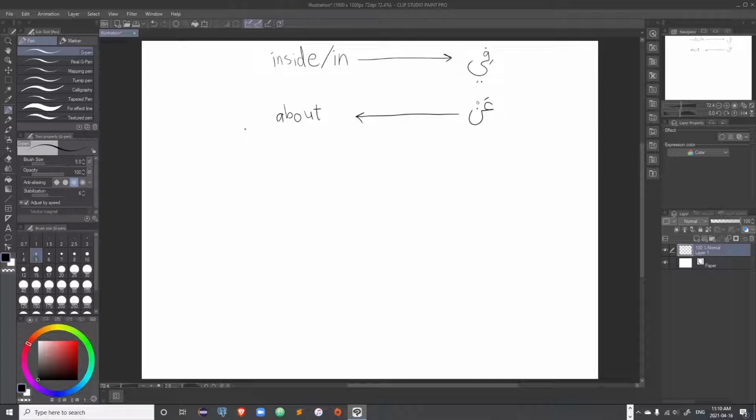So if I say عني, this is the suffix for the accusative I. So here this means me. So together it would be about me.